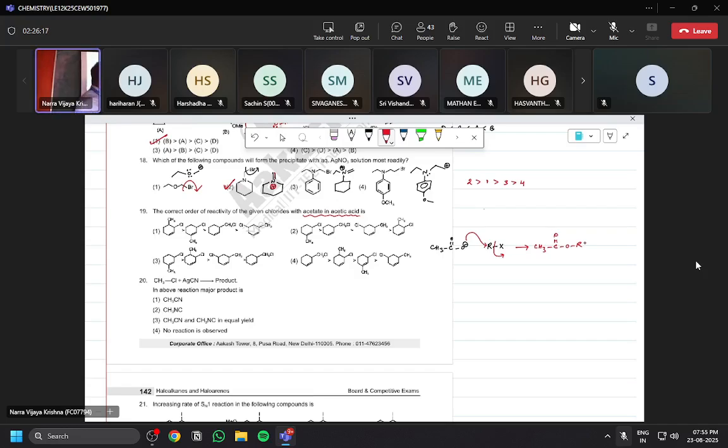Correct or not? Now what are they asking? Which is the correct order? Where will that nucleophile go and replace readily? This is happening via SN2 mechanism. So we need to check where SN2 reaction occurs readily. Now check, sir, where SN2 occurs readily.